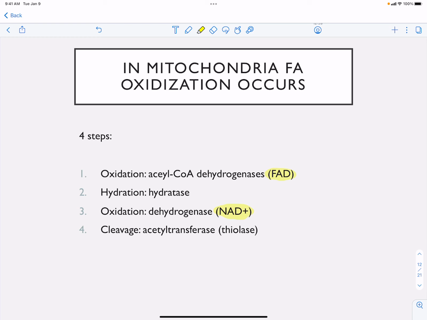And just like when we discussed the TCA cycle, now we're in the mitochondrial matrix, so if you generate an NADH, you're going to be able to donate those electrons to enzyme 1 of the electron transport chain, and you're going to be able to make a lot of energy. FAD, on the other hand, cannot donate its electrons there, so we'll talk about how FAD is going to transfer electrons to, as you could probably guess, coenzyme Q. And then finally, you're going to have a thiolase, and the thiolase is going to generate your acetyl-CoA, which can then enter the TCA cycle.